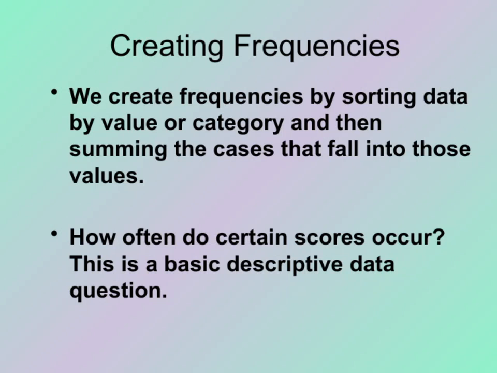Alright, so when we create frequencies, what we're really doing is sorting our data either by value or by category. Once we've organized it, we then add up all the cases that fall into each of those categories or values. This process helps us see how often certain scores or categories occur within our dataset. In essence, it answers a pretty basic but important descriptive data question: how often do certain scores happen?